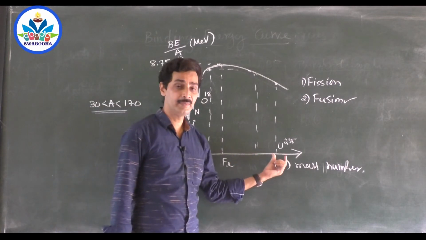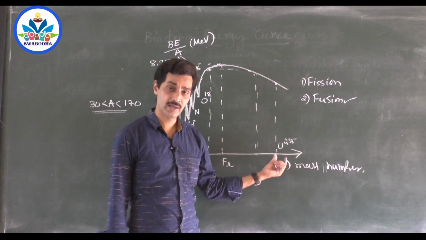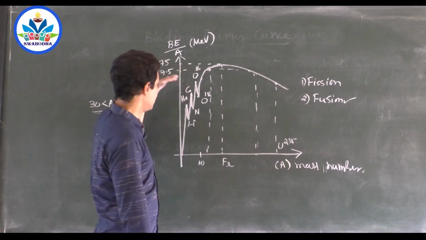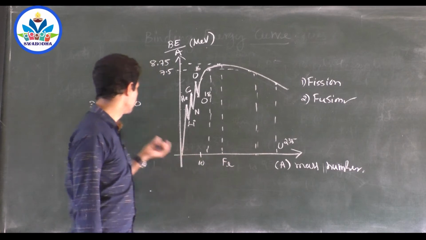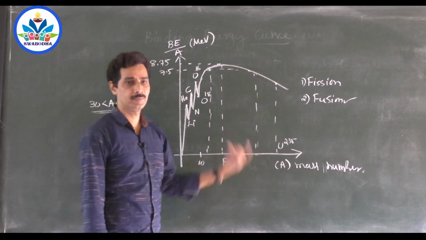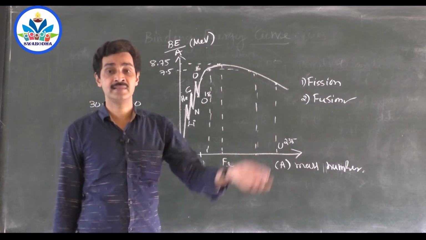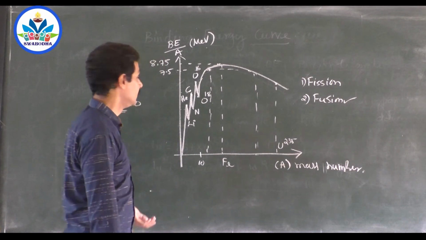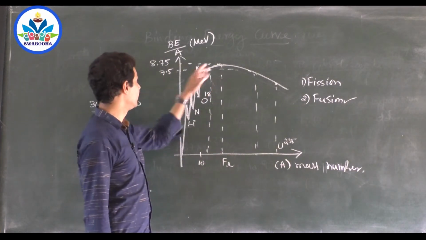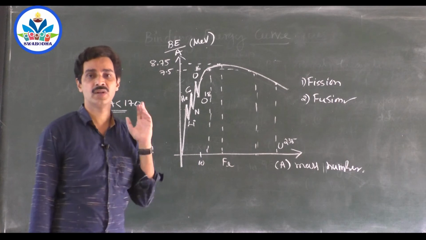Elements having high mass number are again unstable, they have less specific binding energy here. Elements having mass number between 30 and 170 are very stable, they have binding energy per nucleon greater than 7.5 million electron volt, and an element like iron has very high specific binding energy, which is very strong in nature.